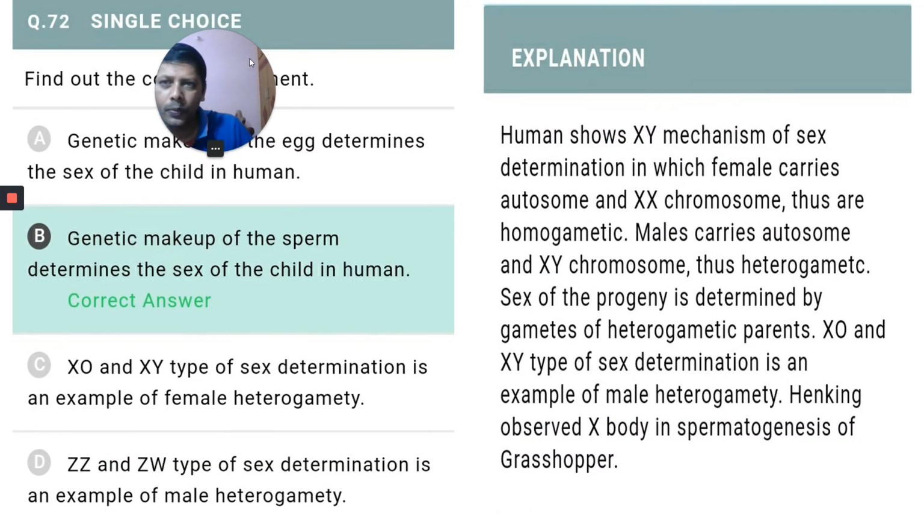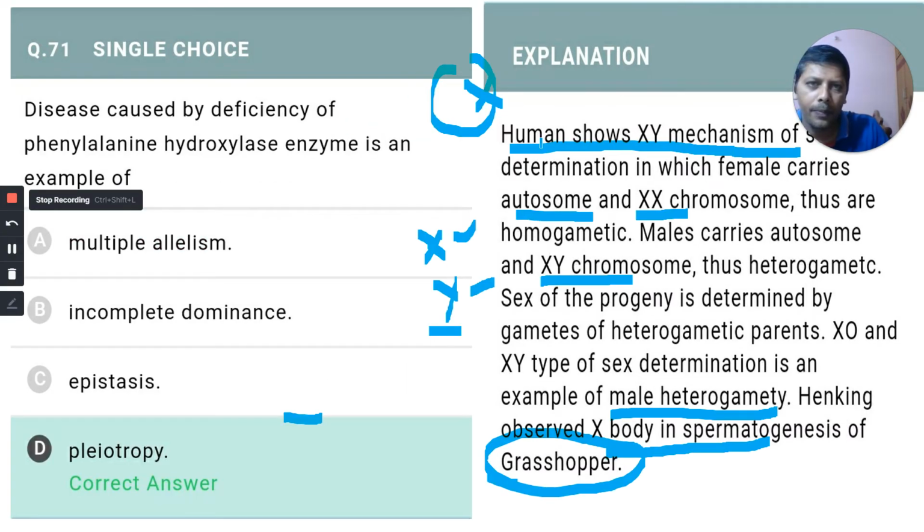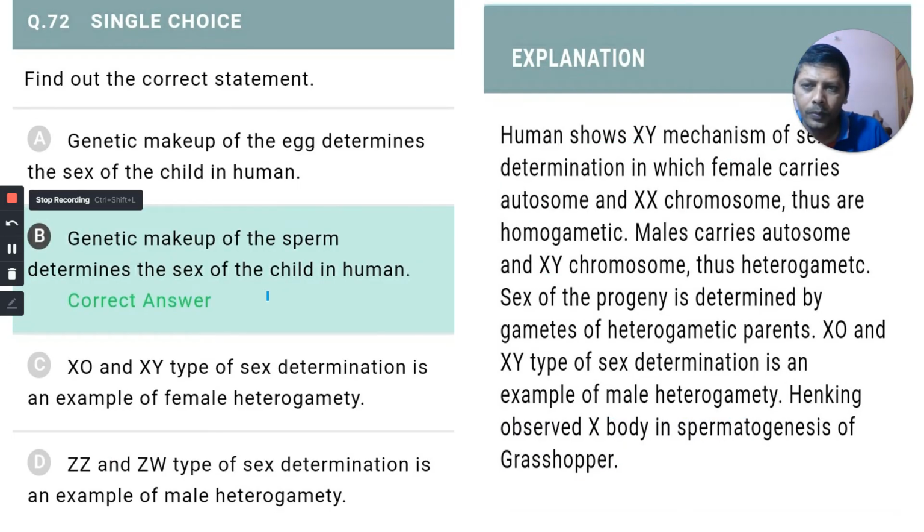This is pleiotropy, the explanation for the next one.